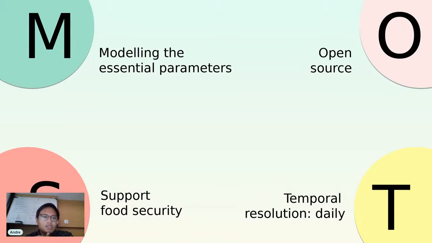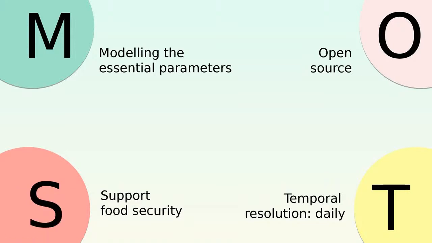The third is to support food security, because we want to tackle the food crisis. And the last is daily temporal resolution. We emphasize our high temporal resolution, so farmers can obtain the soil moisture data day by day.